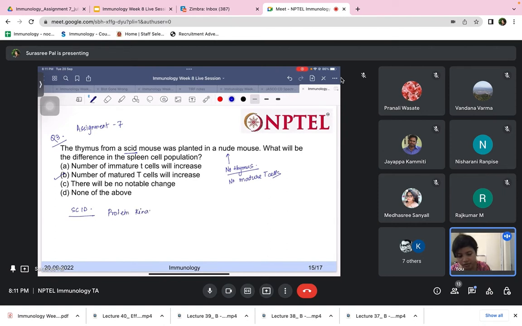So this is very interesting. It has the thymus and bone marrow, everything is normal, right? But the deficiency lies in this particular enzyme, protein kinase, which is involved in the VDJ rearrangement.